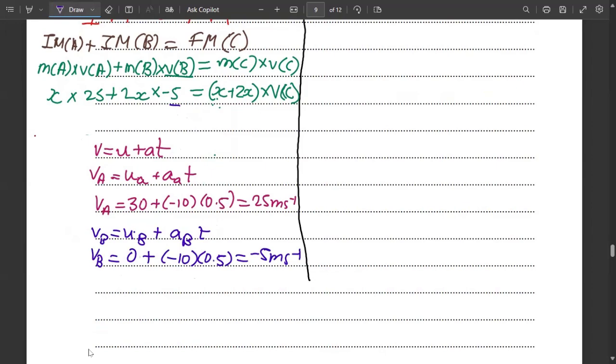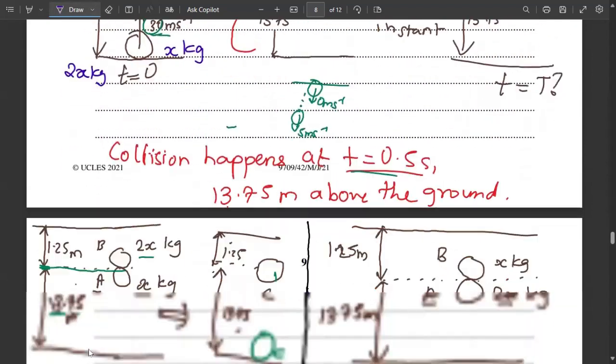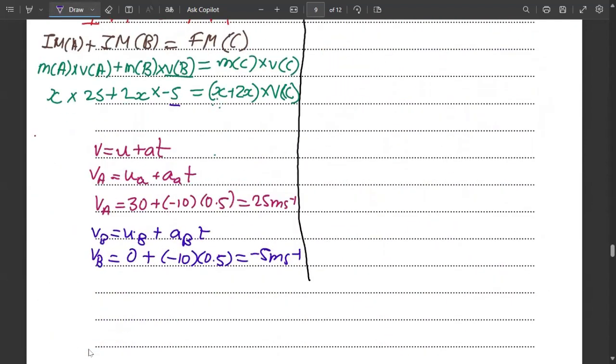Why did we get minus? Because B is moving down, right? So if we are taking gravity as minus, we'll get the answer of minus 5 meter per second. But if we are taking gravity as positive, we'll just get the answer 5. Then we'll have to apply our logic that because B is moving downwards, we'll get the answer minus 5. So it is better you take minus 10 only so that there are no chances of error.